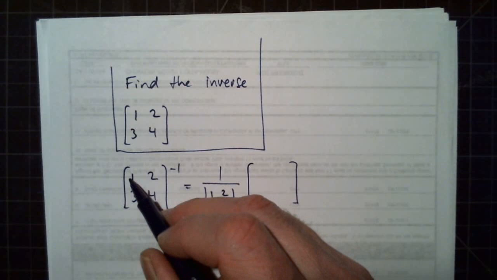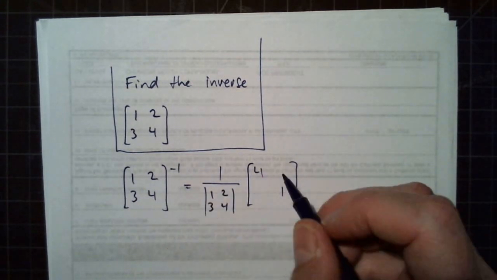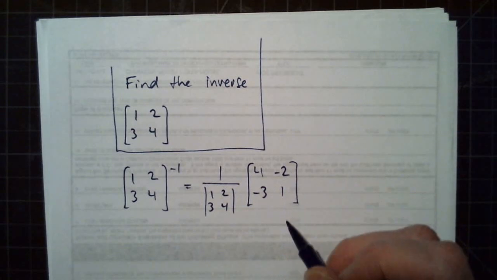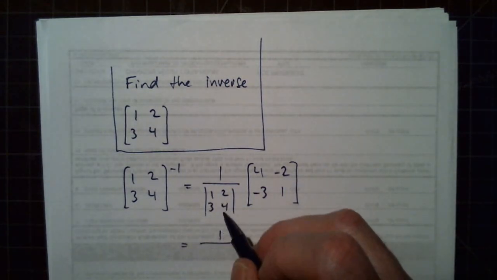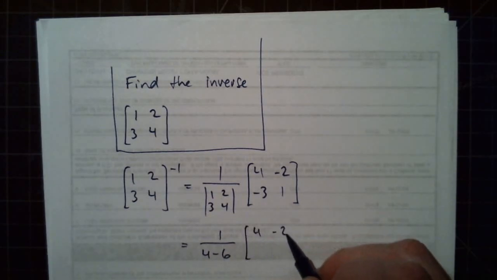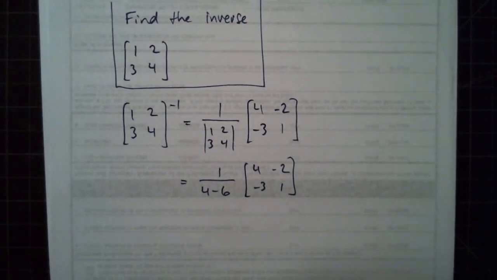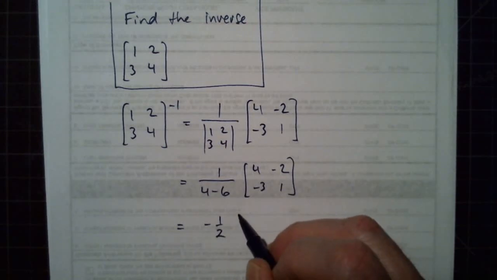We switch the order here. And then we change the signs here. So this is going to be 4 minus 6. So that's negative 1 over 2.